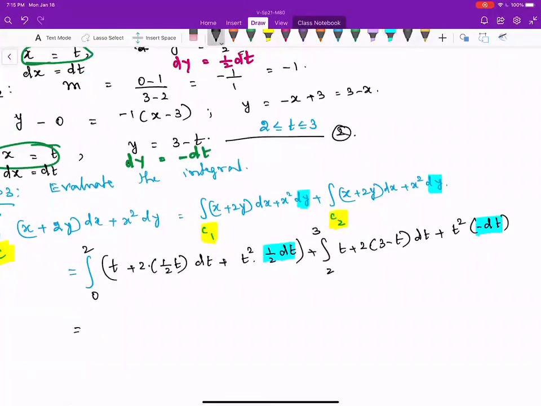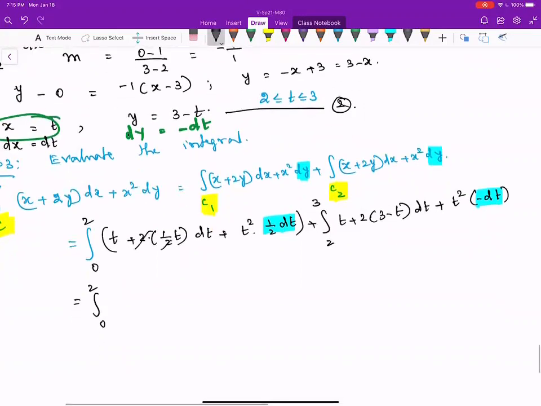Now, if we expand this, it's integral 0 to 2. So it is going to be t plus t dt, which is equal to 2t dt plus t square over 2, everything dt. I'm combining all the dt's. So the first one is t plus t dt plus half of t square dt, integral between 0 to 2.